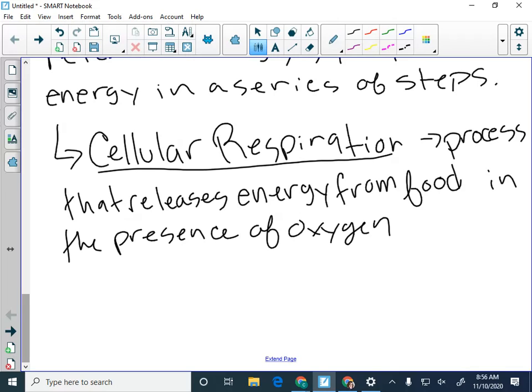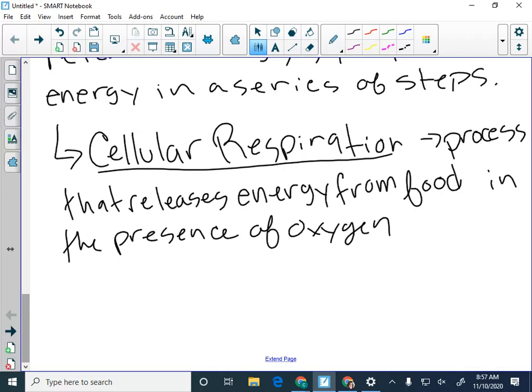There are other processes that don't require oxygen that we're going to talk about a little later this week. But for right now, cellular respiration is the process that releases energy from food in the presence of oxygen.